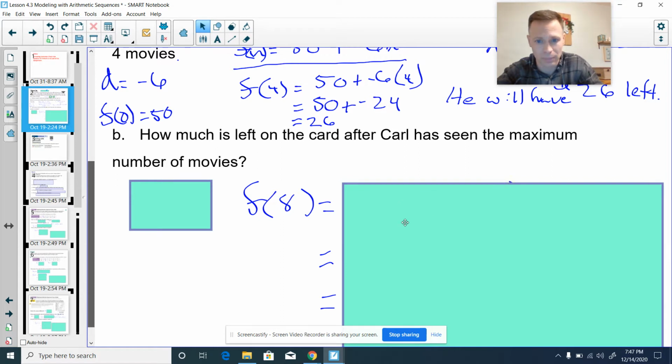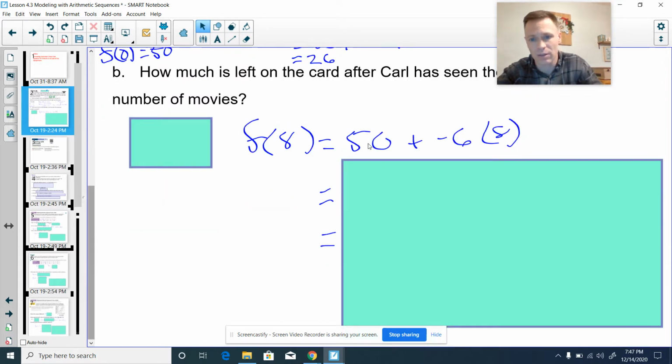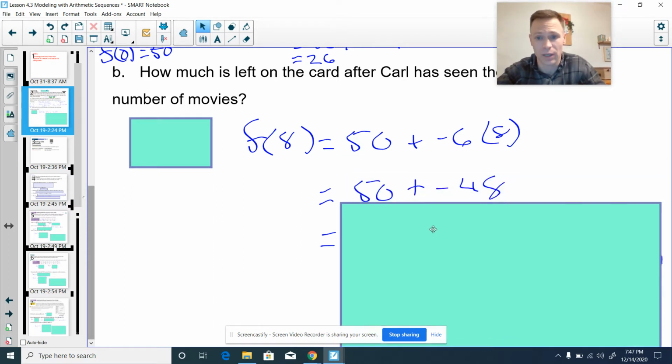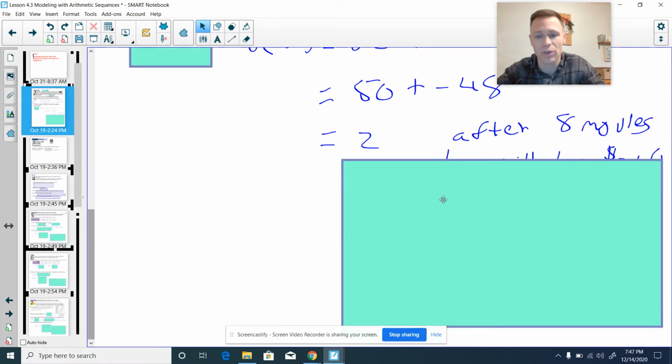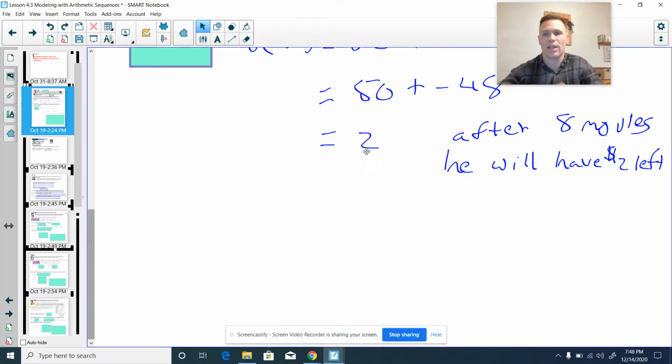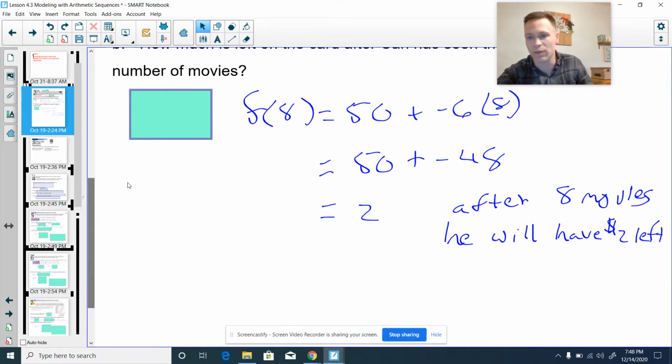So 50 is my 0th term, 8 goes in for n, and negative 6 times 8 is negative 48. Then we combine the two: 50 minus 48 is 2. And so what we can say is that after seeing 8 movies, he will have $2 left.